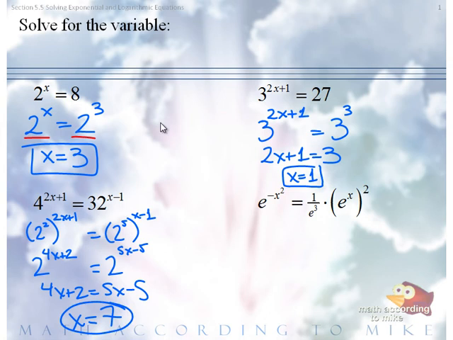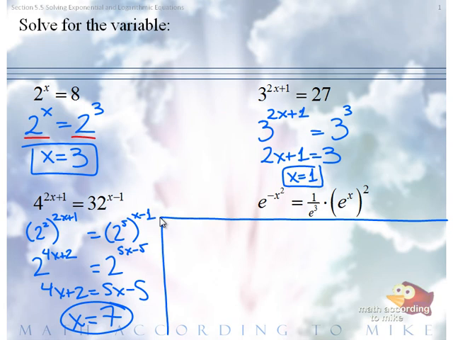Awesome. All right, one more. This one's a little more exciting here. What will that common base be? E. All right, so you need e to a power equals e to a power. I'll do the hard side.